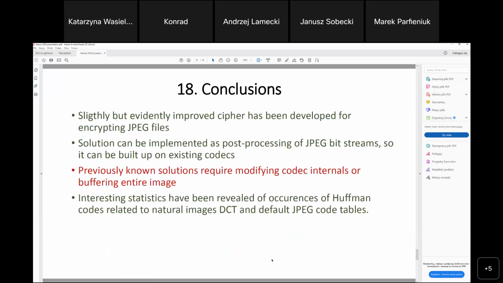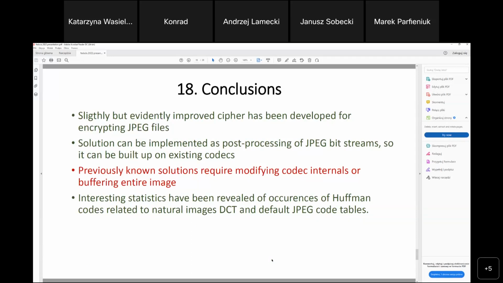So to conclude my work, my cipher is slightly but evidently improved compared to the previous works. The advantage of my solution is that it can be implemented as simple post-processing of JPEG bit streams, so it can be built on existing codecs.